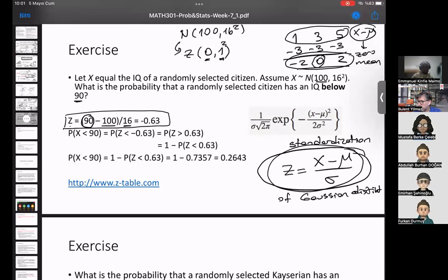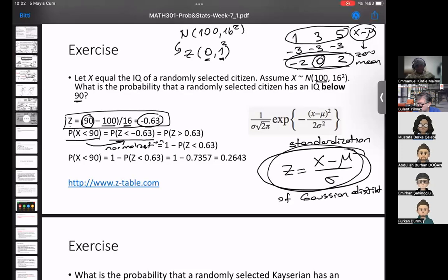Divide by the standard deviation and obtain minus 0.63. What do you do? X less than 90 is my question. Now it is Z less than minus 0.63. This is normalization or standardization, let's say.